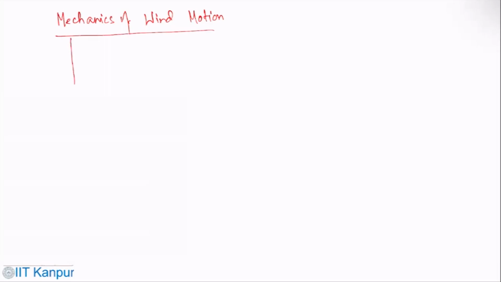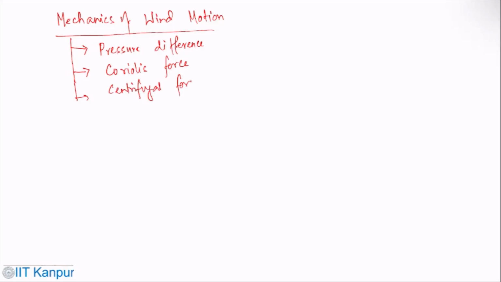Now there are different influences that lead to this wind motion. Obviously, to note a few of them, you can have pressure difference. You have wind motion due to Coriolis force. You have centrifugal force. Then you have friction.